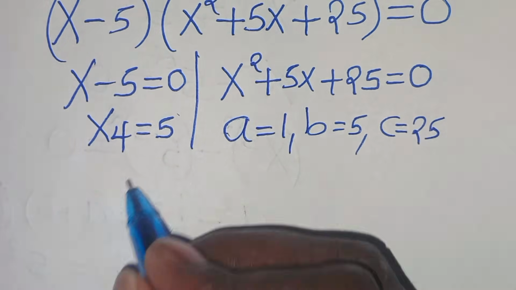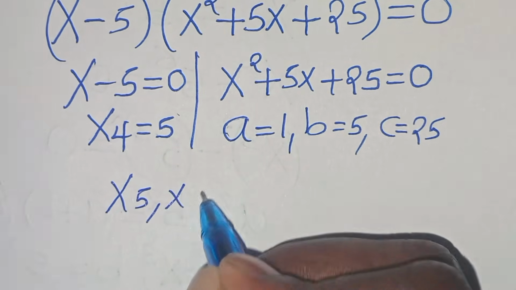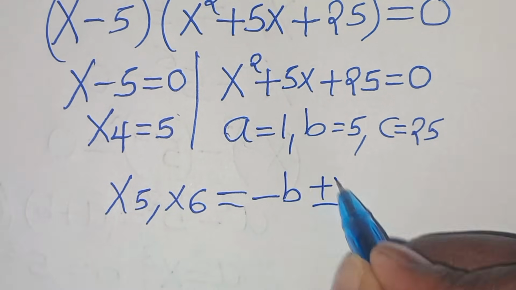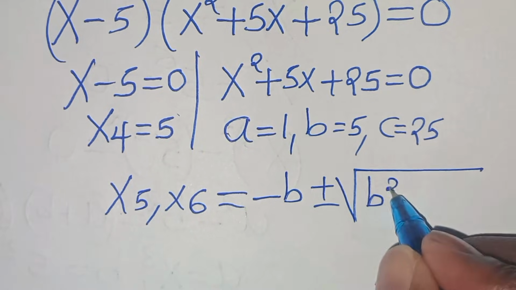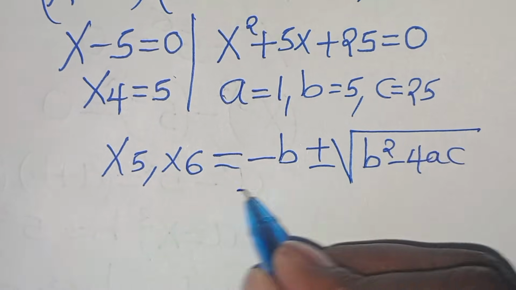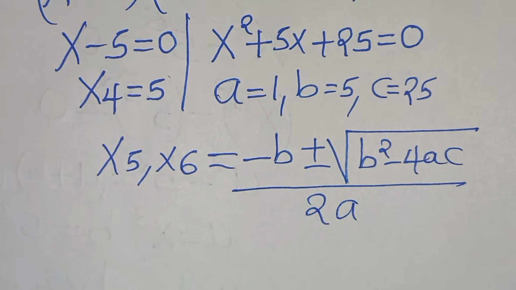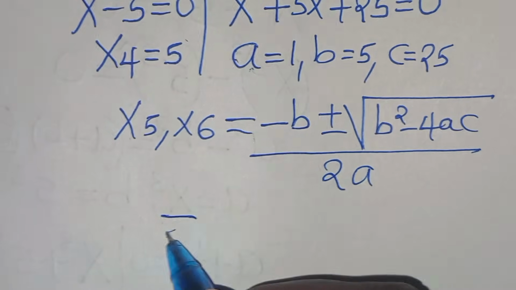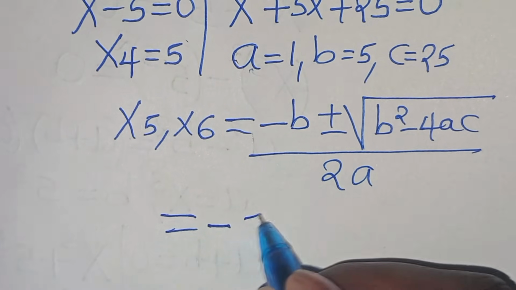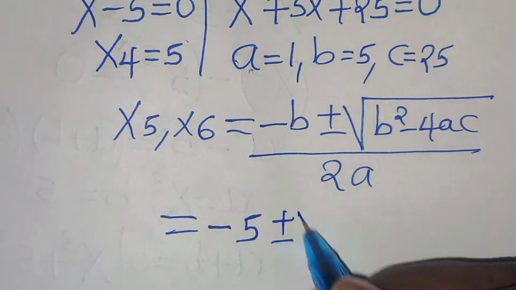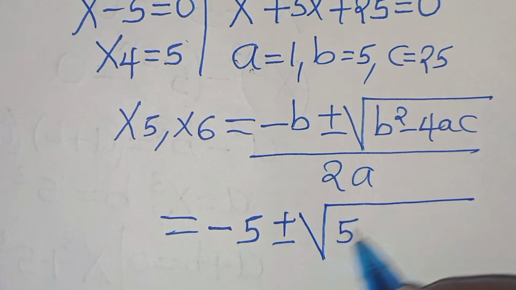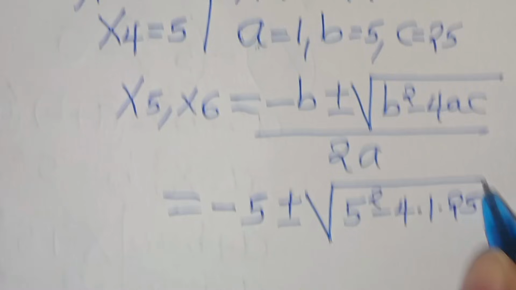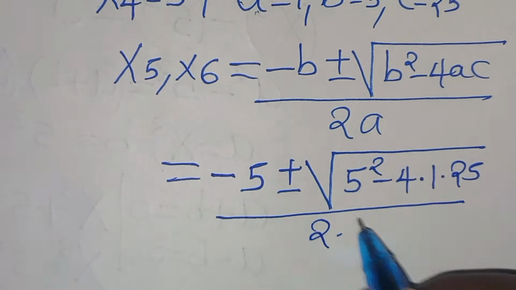So we can solve for x5, comma x6 by applying the quadratic formula, which is minus b plus or minus the square root of b squared minus 4ac, everything here divided by 2 times a. So let's substitute the values of a, b, and c, so that now we have minus 5 plus or minus the square root of 5 squared minus 4 times a, which is 1, times c, which is 25, everything here divided by 2 times 1.